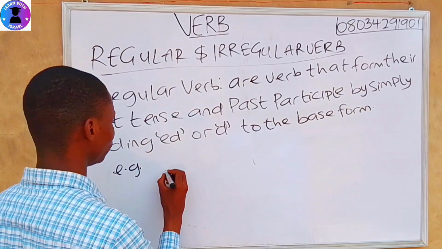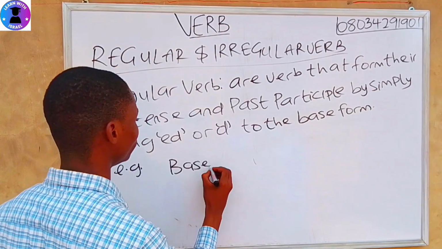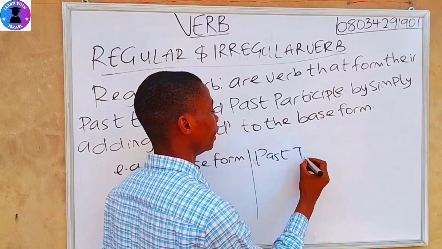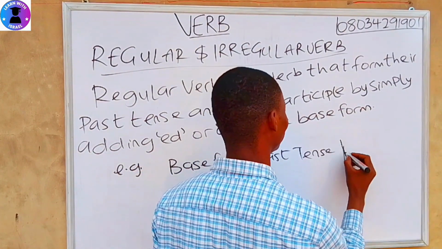For example, so this is the base form, this is the past tense, and this is the past participle.